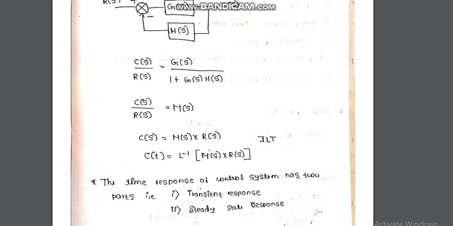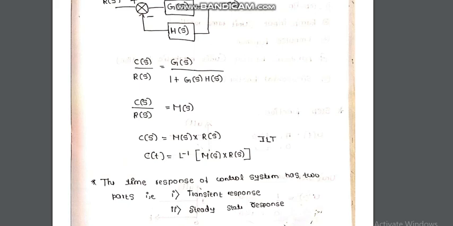Then if I apply the Laplace inverse transformation to C of S, I will get C of t, the response in time domain. So C of t is equal to Laplace inverse of M of S into R of S. By using this, we can find out any response in time domain.